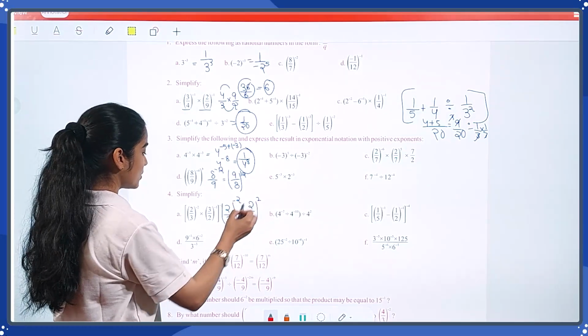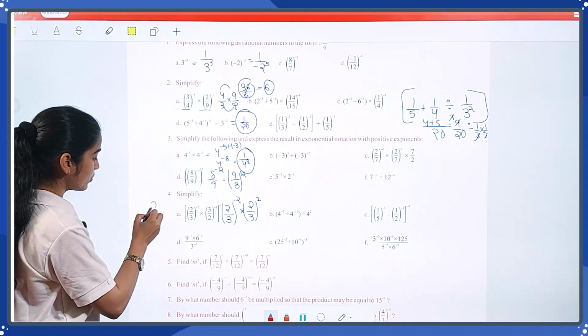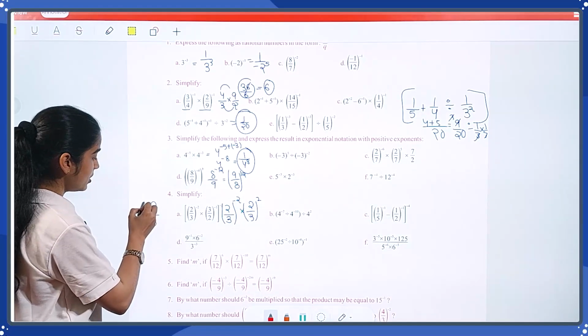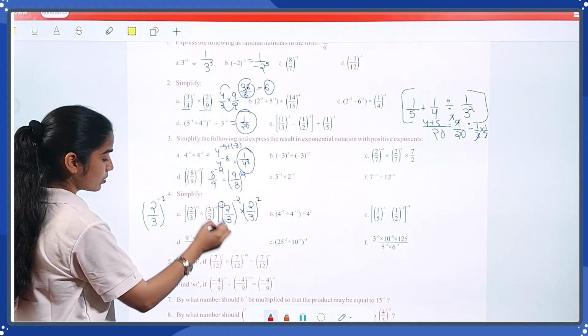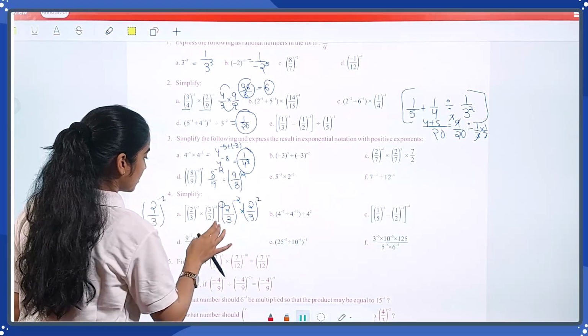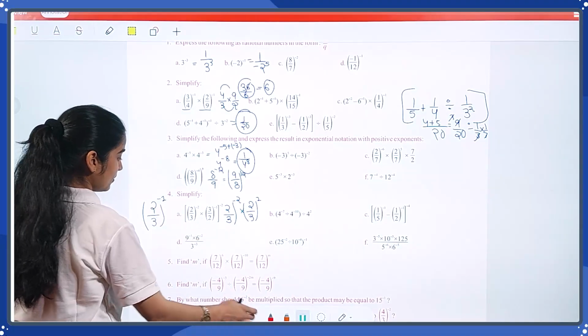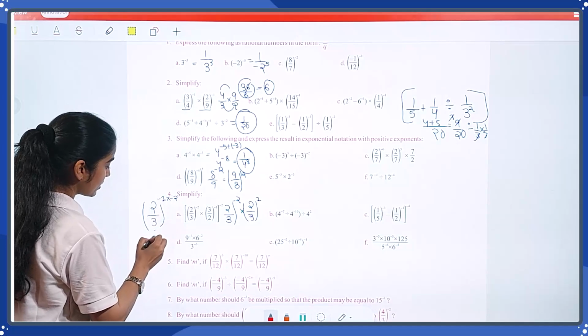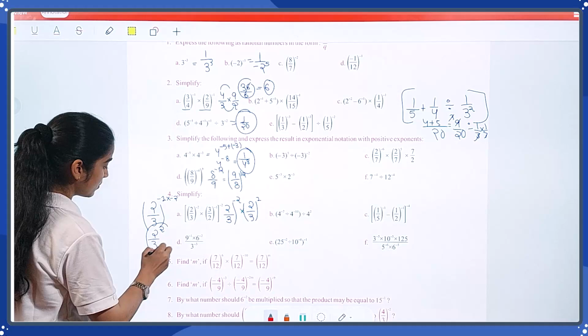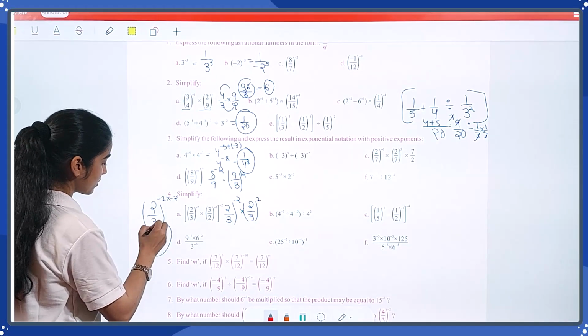Minus 2 plus 1, so your answer will be 2 by 3 raised to the power minus 1, and this value 2 is outside of the bracket. Now we have to multiply minus 2. So your end result is 2 by 3 to the power 2. So this is your end result.